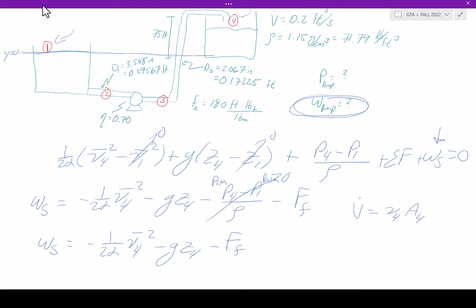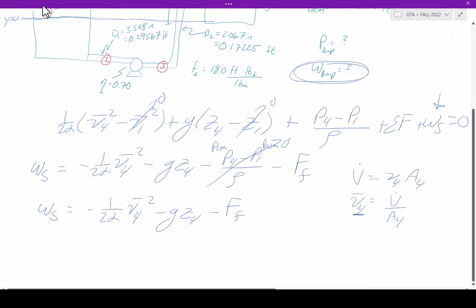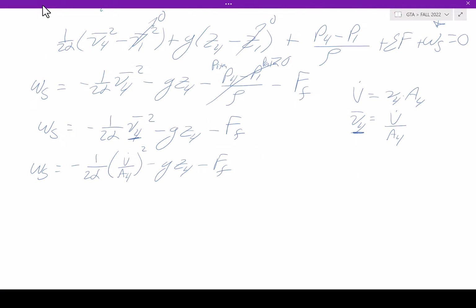So rearranging for the velocity at 4 that we're trying to plug in, we take this and plug it in here, and we get the work delivered by the pump. It's just this. Okay, so we're here so far, and I want to introduce something that the book does.